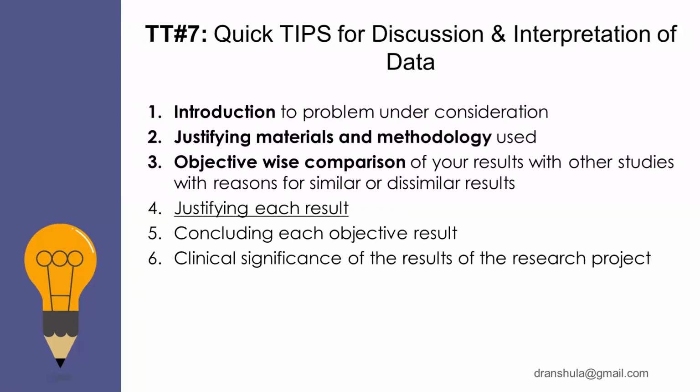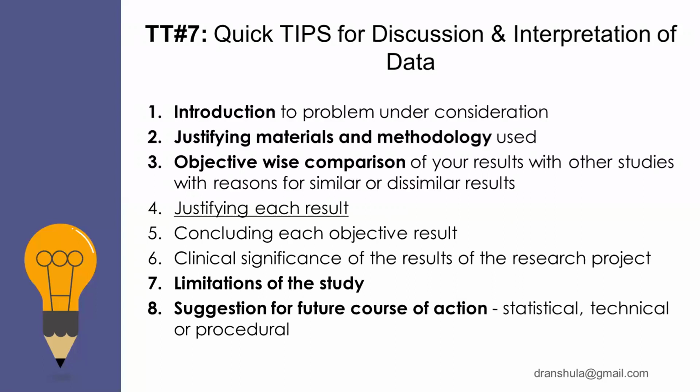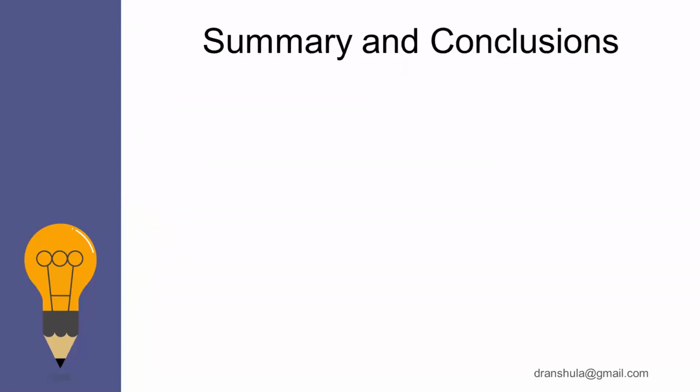Clinical significance of the results of the research project should be mentioned in a nutshell, and then limitations of the study, so that the reader knows what were the limitations or the gaps which were there in the study. Suggestion for future course of action, like for statistical, technical, or procedural steps, which can be given for the readers.